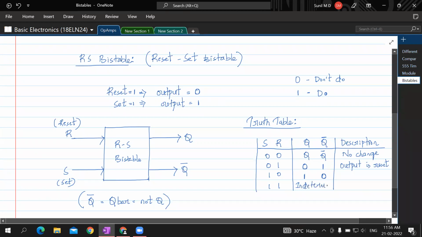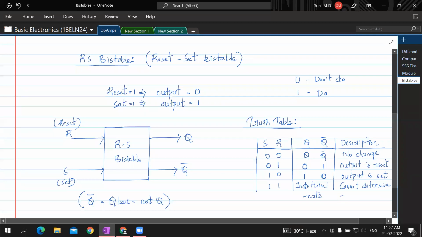Indeterminate means what? I don't know what to do. So in this third combination, the output is set. In the last combination, it is indeterminate. We cannot determine. Why can we not determine?